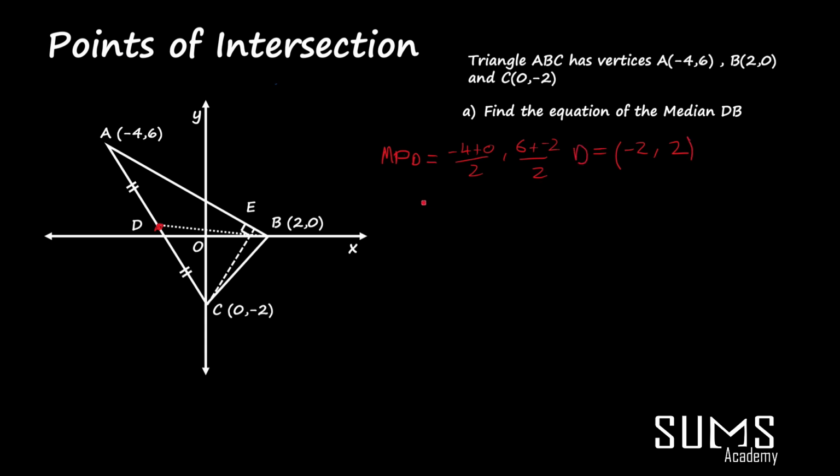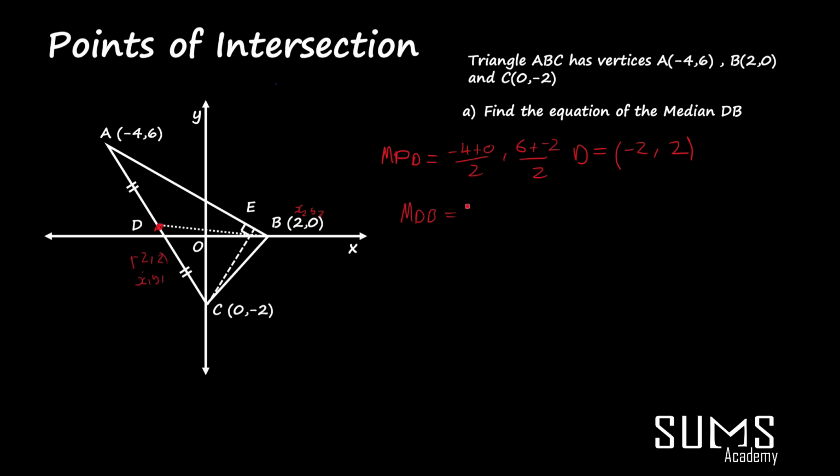Okay, so we now need to work out the gradient of the line DB. So m_DB is y2 minus y1 over x2 minus x1. D is (-2, 2) and B is (2, 0).